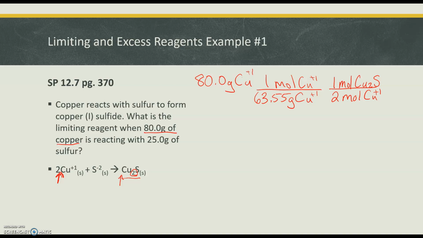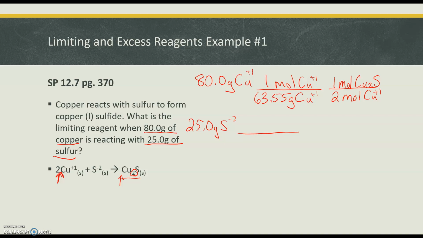Before I do the math for that one, I'm also going to set up our conversion for sulfur. 25.0 grams of sulfur. Go ahead, set up your stoichiometric calculation. All right, molar mass of sulfur goes on the bottom.